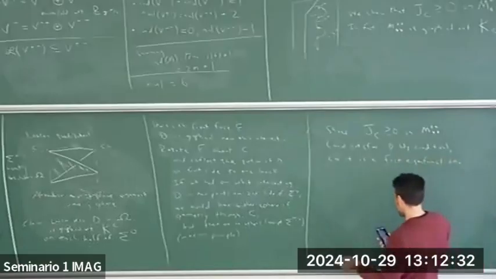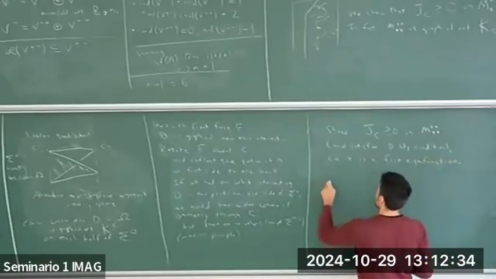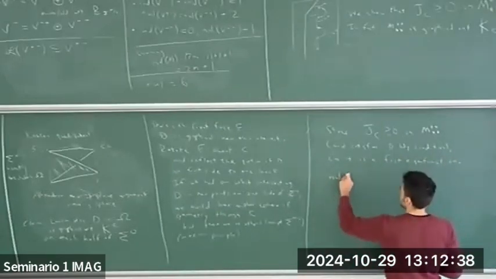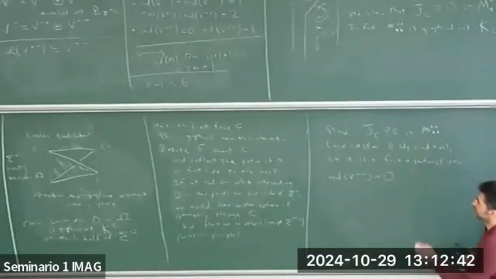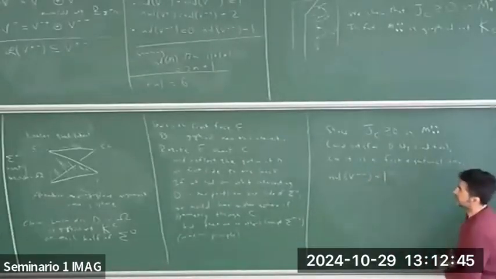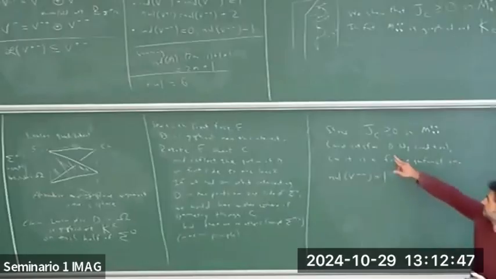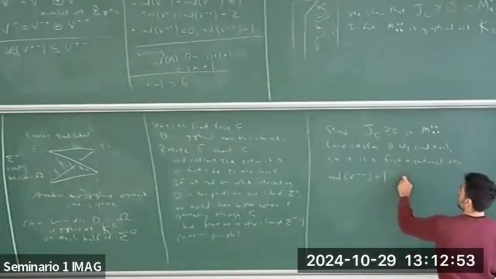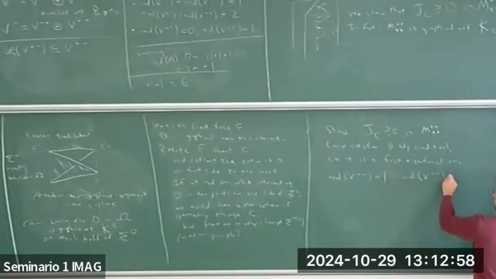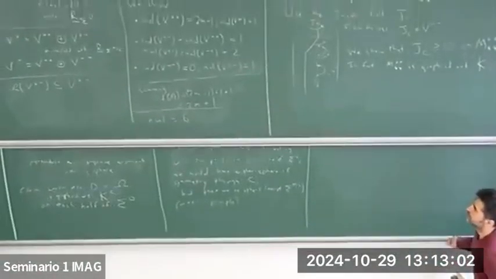And so this tells us that the nullity is 1 because we have this eigenfunction. It's the first eigenfunction. The next eigenvalue must be positive. So the nullity is exactly 1. And the index is 0.